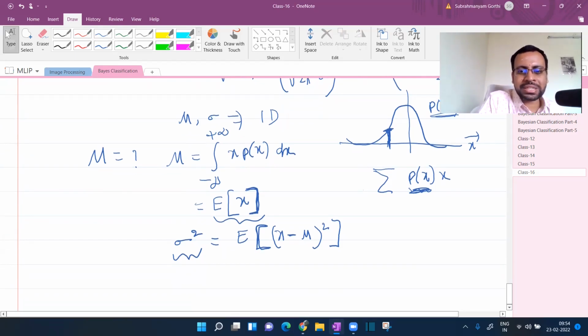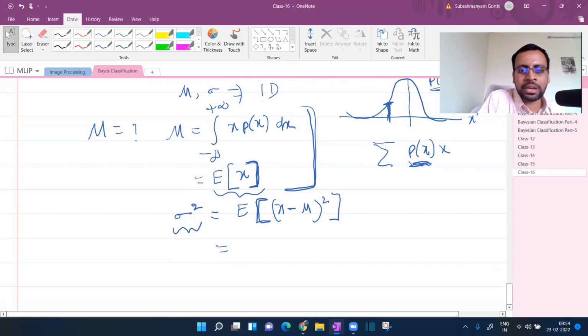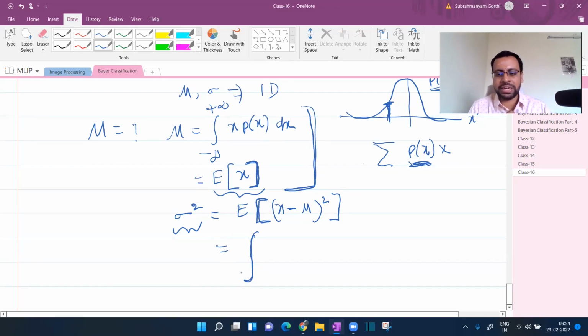Now you know the definition for the expected value of x. Based on that, how could I rewrite this as an integral from minus infinity to plus infinity to compute sigma square?